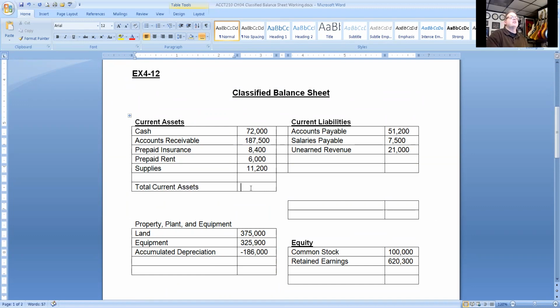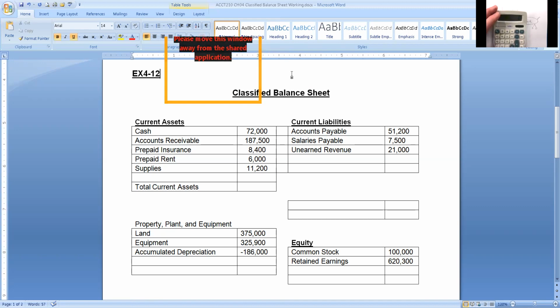So total current assets will be all these together, which would be, oh shoot, I should have known that stupid box was going to show up. Okay. So I'm just adding up the current liabilities.